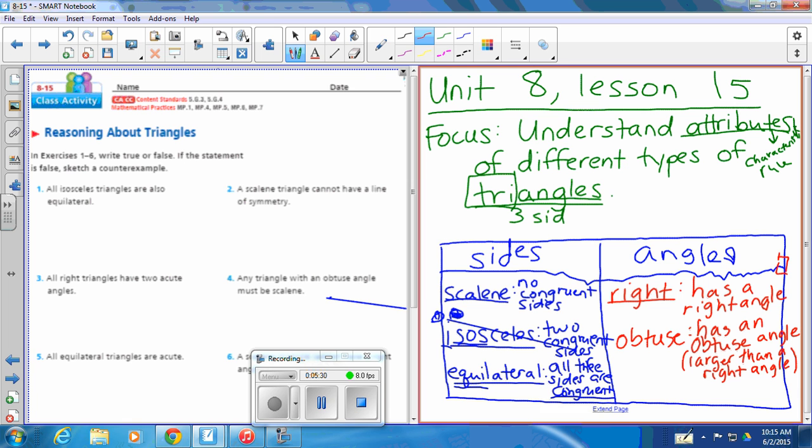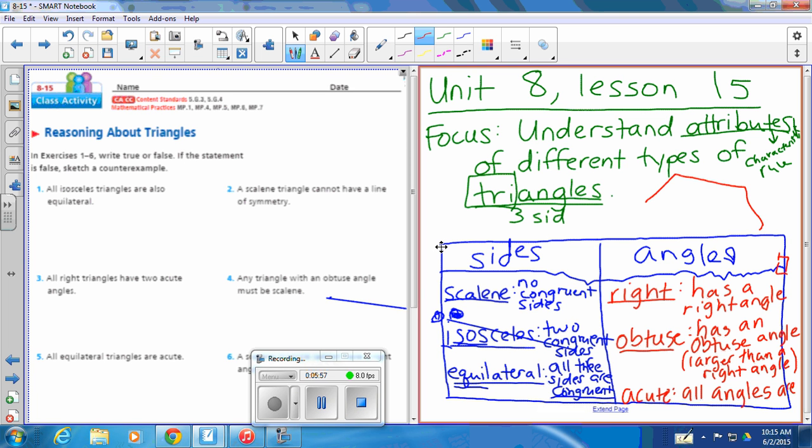Okay. And then finally we have acute. Those are the little acute angles. So if it's an acute triangle, all angles are acute. Can all angles be obtuse? No, that would look kind of weird, right?